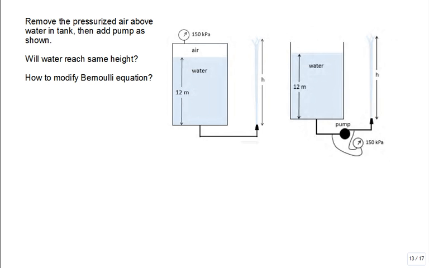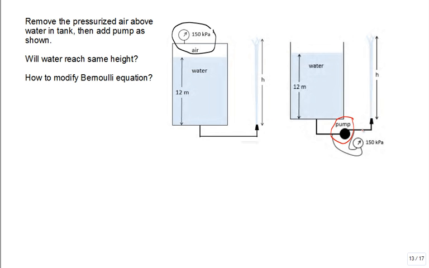Somebody says, yeah, you had an air pressure tank up here, or air pressure above the surface, and it supplied 150 kilopascal. What would be the difference in the height that the water would shoot if I cut and put a pump into my system? See how I put the pump in?